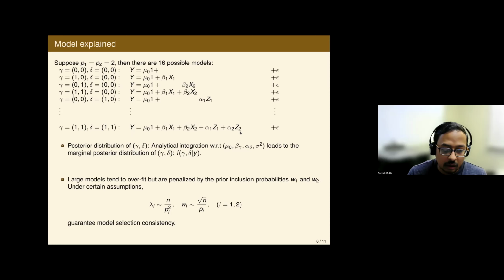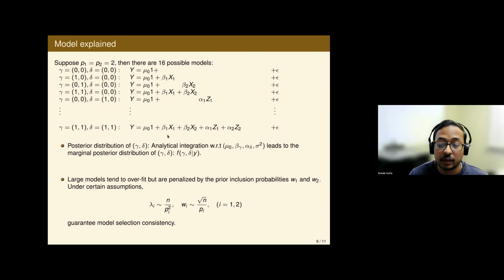Now, if you have taken a course on linear regression, you would know that larger models tend to fit better. Larger models always give bigger R-squared values. So they tend to overfit the data. In this case, the prior probabilities on w will shrink that, so we'll penalize them. w1 and w2 are the prior inclusion probabilities of the markers or the genes.